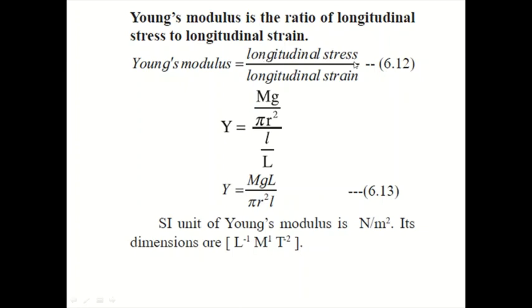Longitudinal stress is mg divided by pi r squared, and longitudinal strain is small l divided by capital L. So Y is equal to mgL divided by pi r squared l, and the SI unit of Young's modulus is newton per meter squared, and its dimensions are L to the minus 1, M to the 1, T to the minus 2.